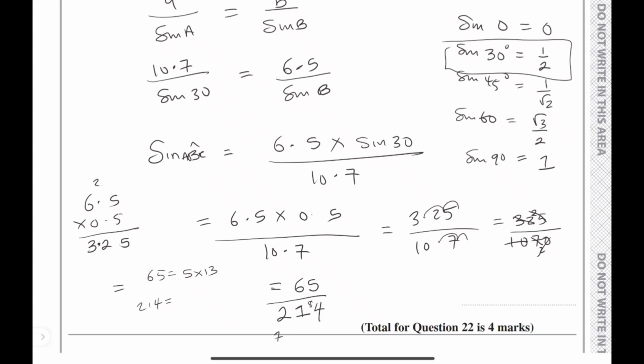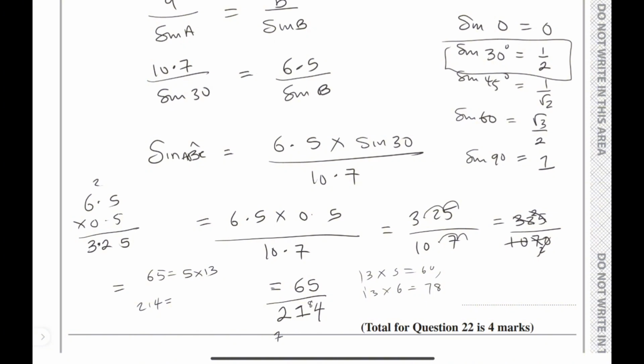Then 13 in 84, let's see, 84 is 7 times 12. So definitely 13 cannot go in 84. 13 times 5 is 65. 13 times 6 should be 78.